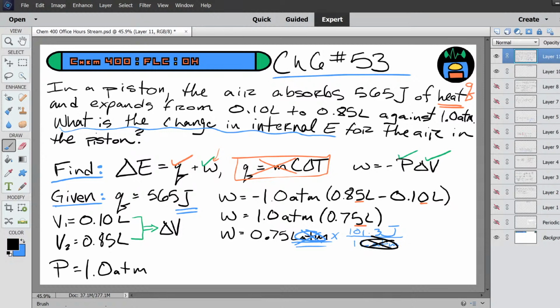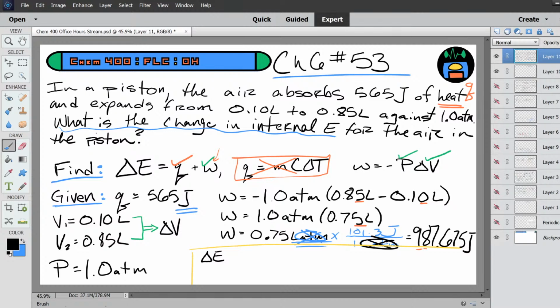Liter atmospheres cancel. And so we get 0.75 times 101.3 comes out to be 987.675 joules. We can only keep 2 of these sig figs, but I'm going to wait to round till the very end after we calculate our change in energy.